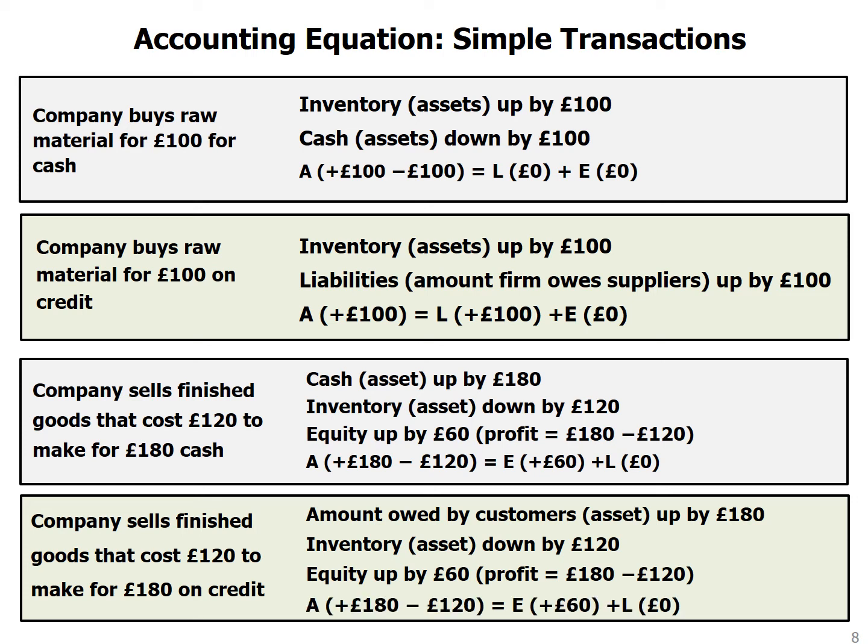And the accounting equation is basically the same as before. So the asset, in this case not cash but an amount owed by the customer, up 180, less 120, which is the reduction in inventory, equals an increase in equity of £60.